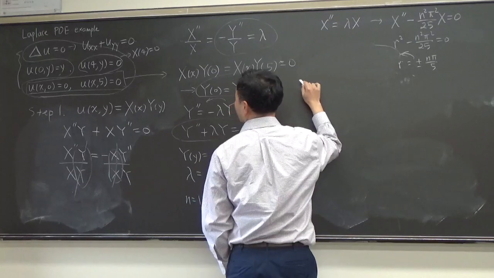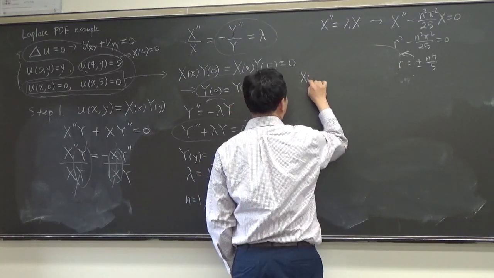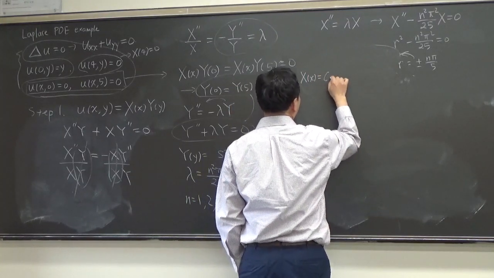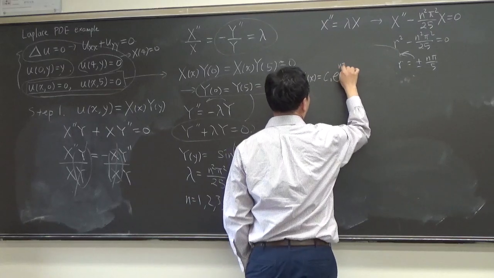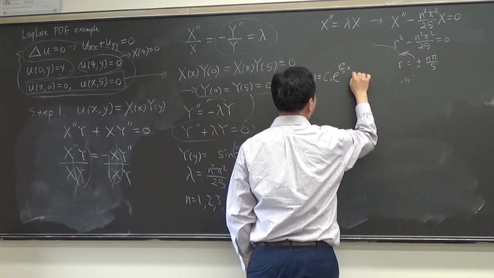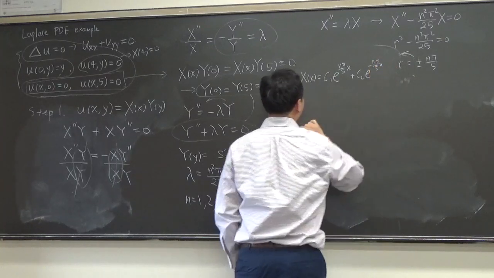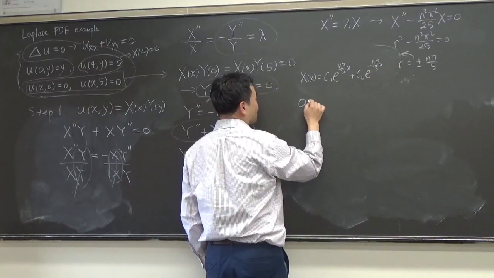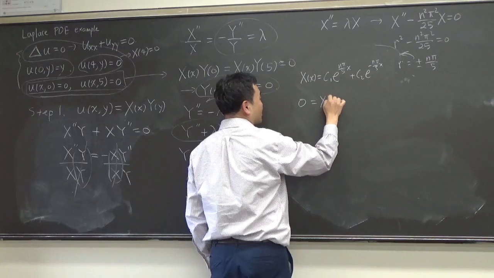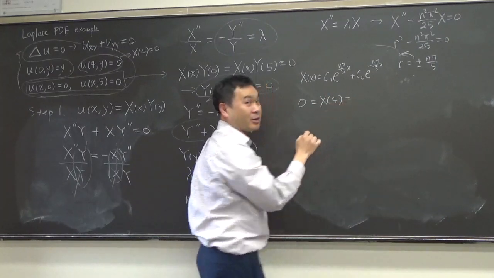We get, let's say, X of x is C1 e to the n pi over 5 x plus C2 e to the negative n pi over 5 x. Okay, and we say 0 has to equal X of 4. X of 4 has to be 0, right?